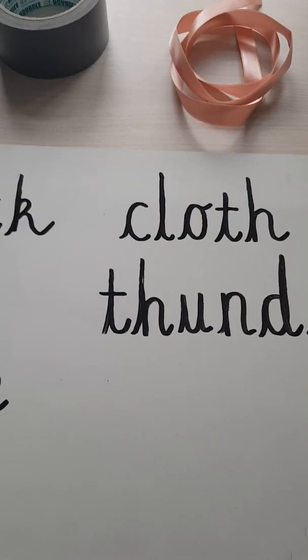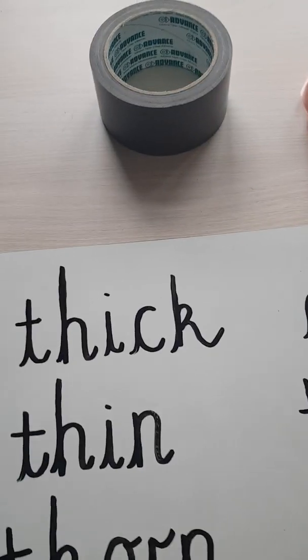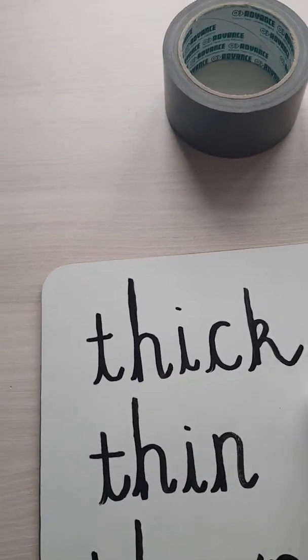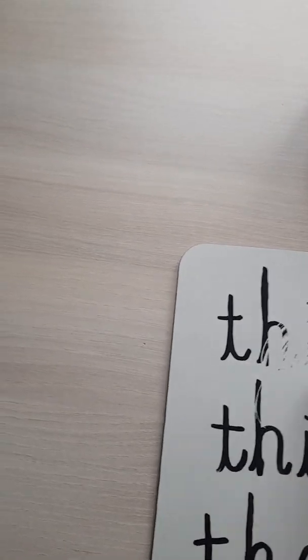Okay, I'm going to wipe my board clean because I'm going to write a sentence. I want you to have a go at writing a sentence. I'd like you to have a go at writing the sentence, she has thin lips. That was one of the sentences we read yesterday.